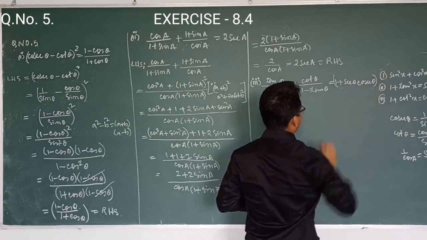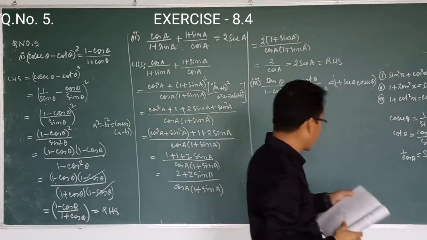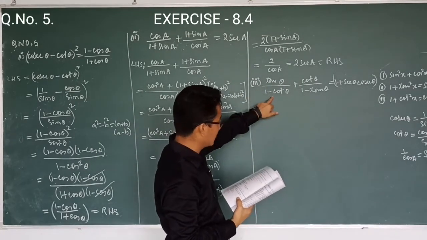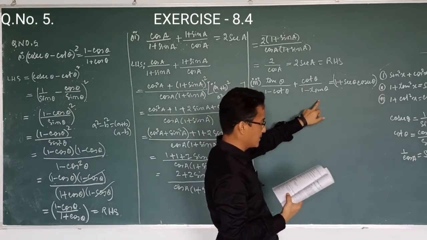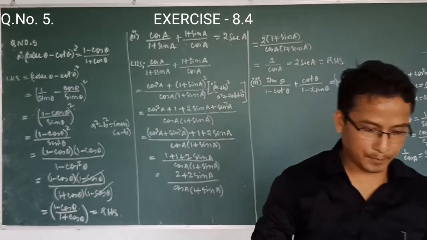This we are going to prove. So I check the question once again: tan theta over 1 minus cot theta plus cot theta over 1 minus tan theta equals 1 plus sec theta cosec theta.